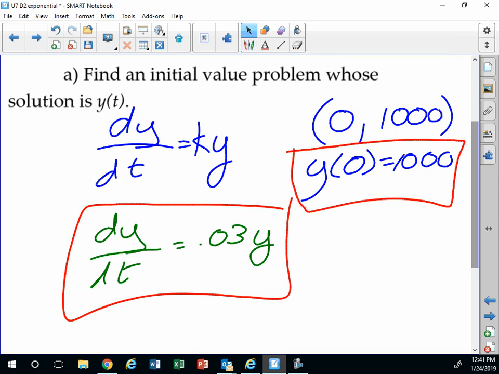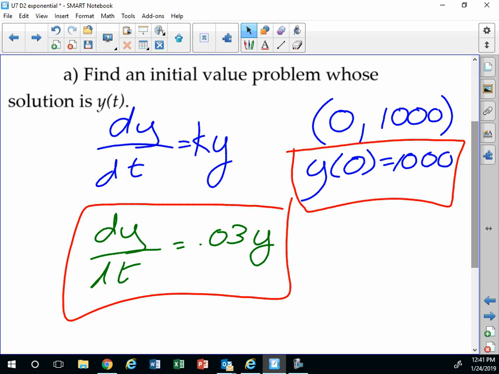I don't care which one of those two. You need to tell me the initial value, and it needs to be the rate of change. Whose solution, because here's the key thing, ladies and gentlemen, it says, whose solution is y of t. Meaning, I need to get to y of t, but I'm not there yet. Solution means I've solved for it. I haven't solved for it, which means I need the derivatives first.